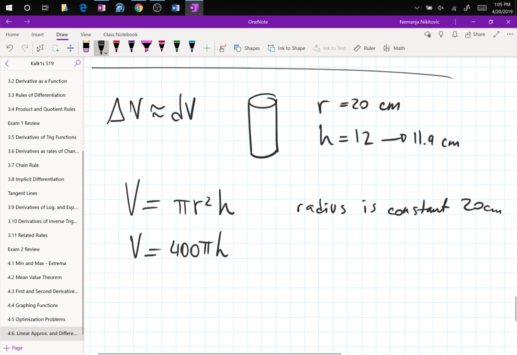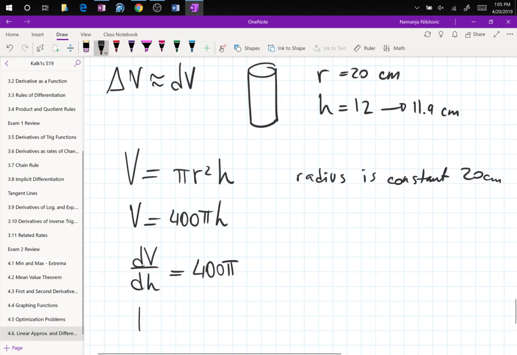So we have dV/dH to be 400 pi. dV is equal to 400 pi dH.